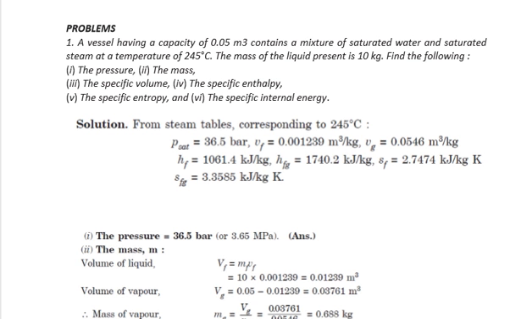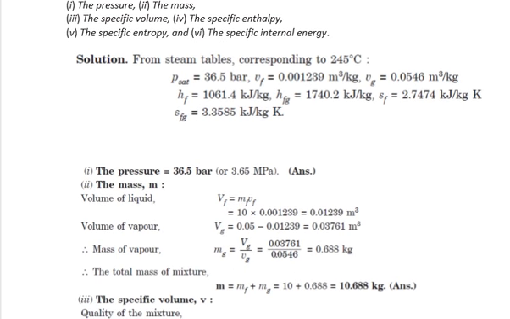All properties are taken from the 245 degrees Celsius row of the steam table. Then for pressure, you get 36.5 bar, which we convert into megapascal by multiplying by 10 to the power minus 1.